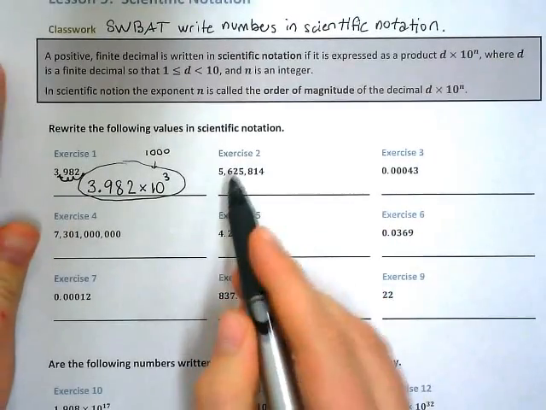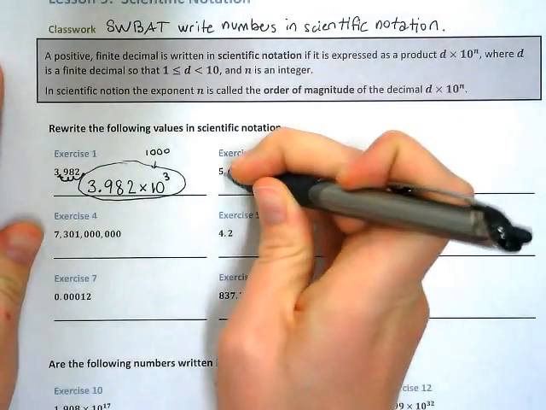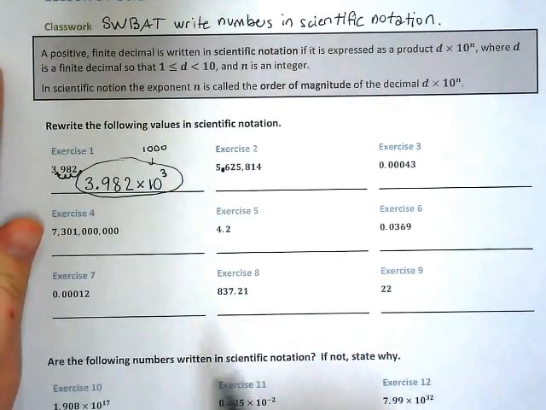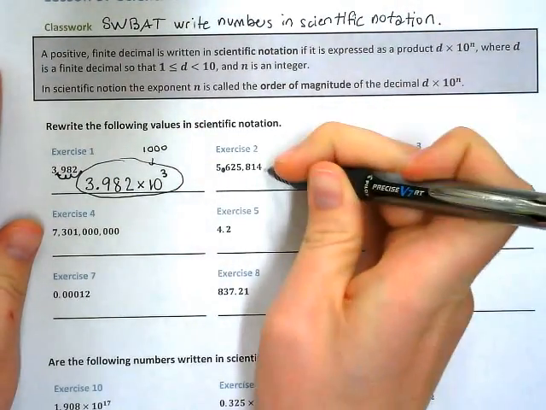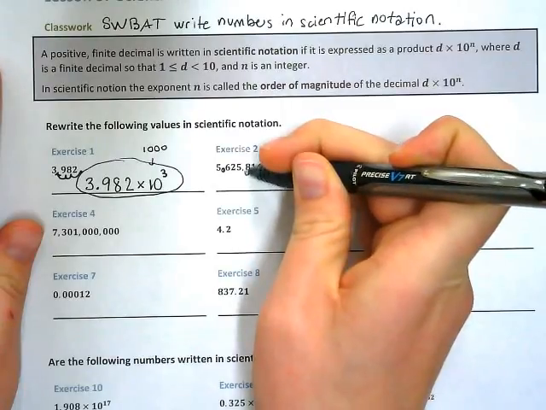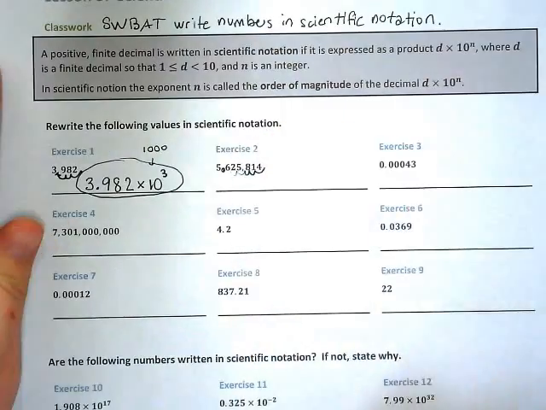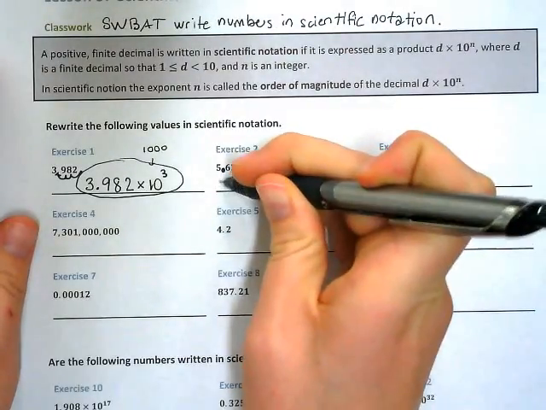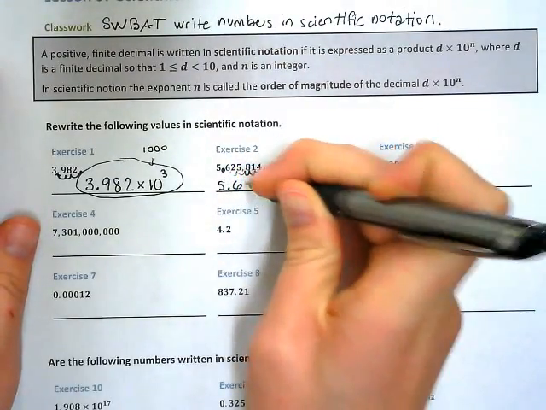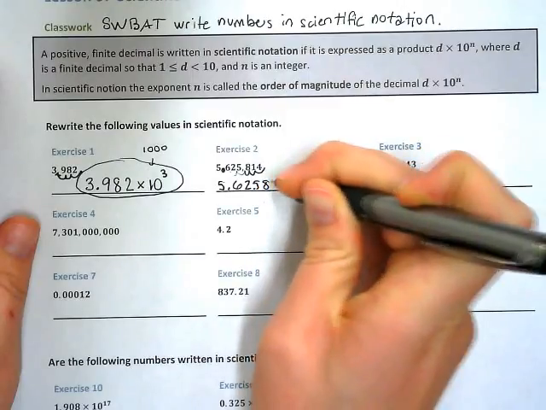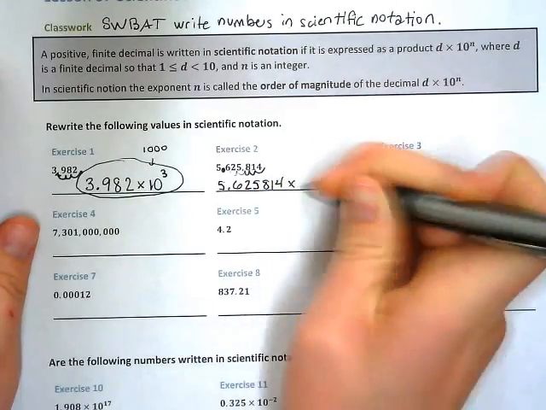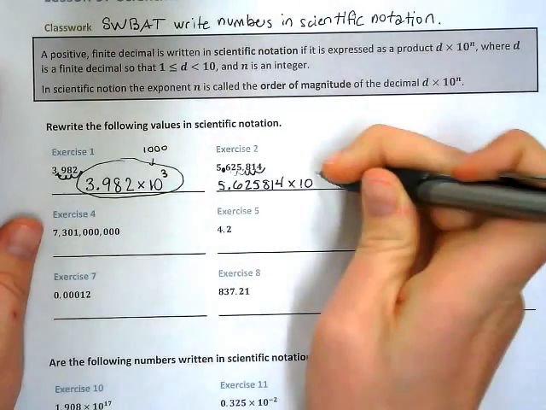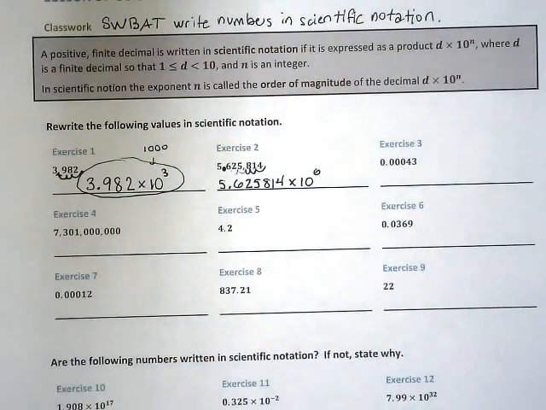Again, we want our decimal point to be right here. So there's only one number to the left of that decimal point. To get it there, I had to go 1, 2, 3, 4, 5, 6 spaces over. So I'm going to write this as 5.625814 times 10. I moved it over 6 times, to the 6th power.